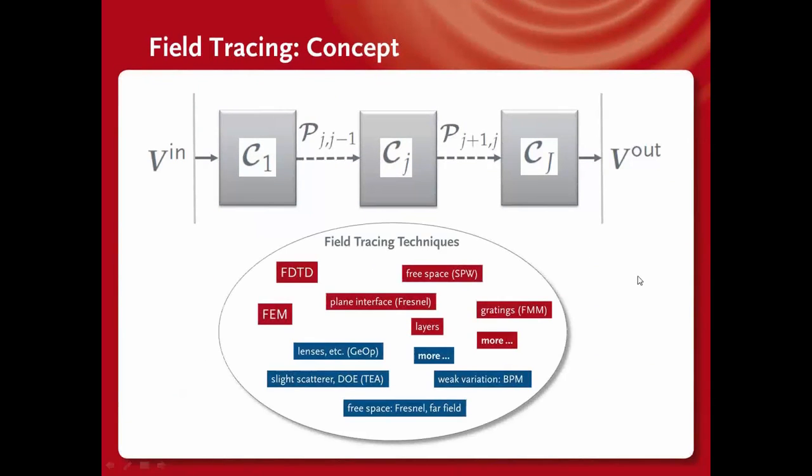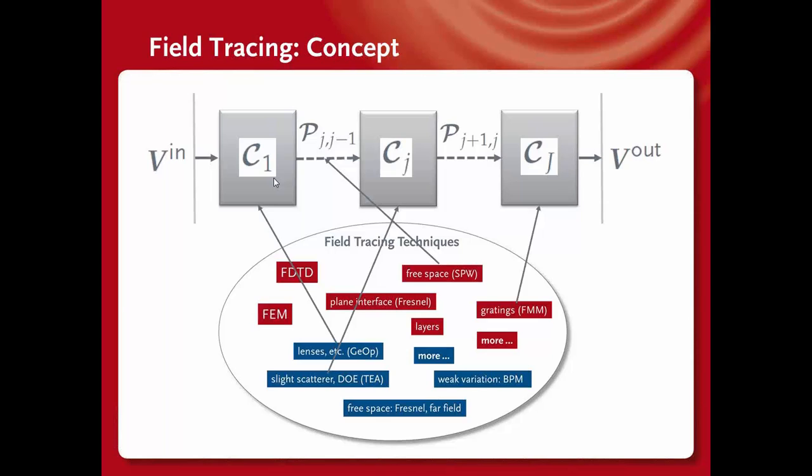And here you see some examples of what kind of simulation technique could be used. If the first component is a lens, we could use a geometrical optics operator, but not a classical ray tracing operator; we really apply the geometrical optics laws on electromagnetic fields. In the second step, we take a free space propagation technique, which is full vectorial and a rigorous solution of Maxwell's equations, including all the diffraction effects.